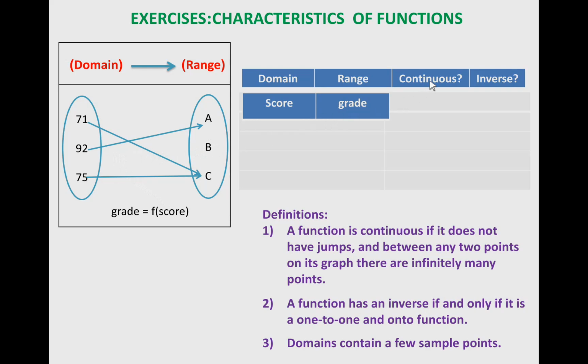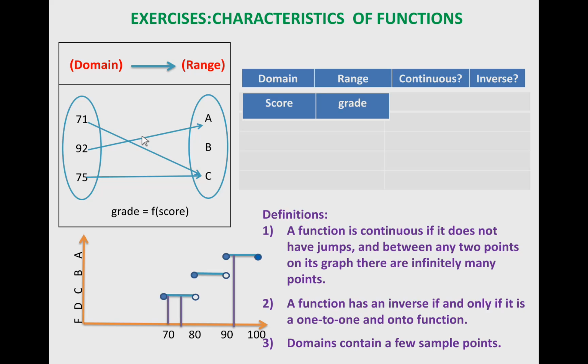So question, is this function continuous? It may not be obvious to determine whether the function is continuous or not just looking at the diagram. So let's provide a plot, a graph of the function.